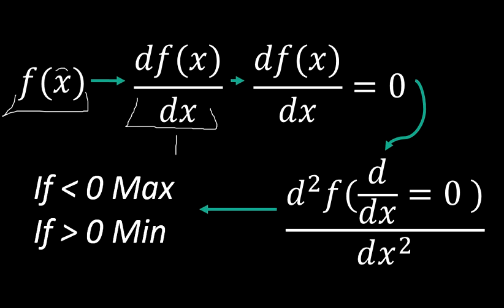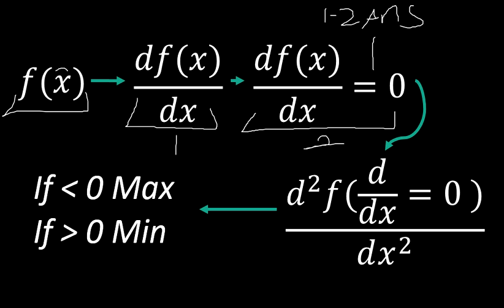Once you have this, you equal that derivative to 0, and this should give you one or two answers. Step 3, these answers you get in step 2, you plug them as a replacement of the variables on step 3.